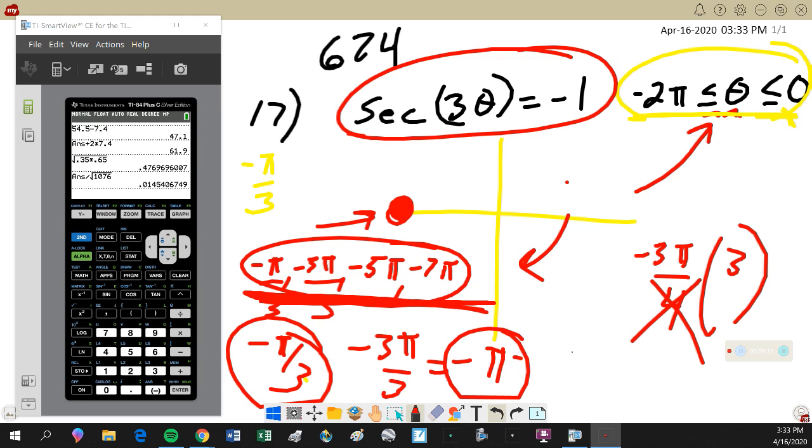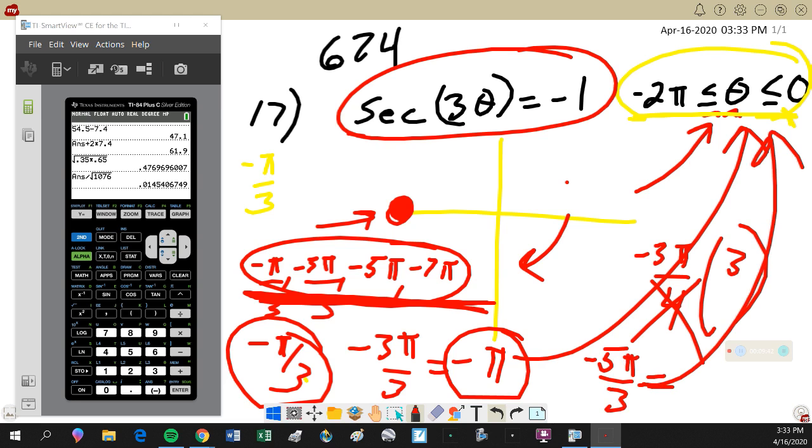Does that land in that window? Yes. Okay, then negative 5 pi over 3. Does that land in that window? Well, 5 pi over 3 is less than 2 pi, so that's going to be right here in quadrant 1. All right, what about 7? Negative 7 pi over 3.